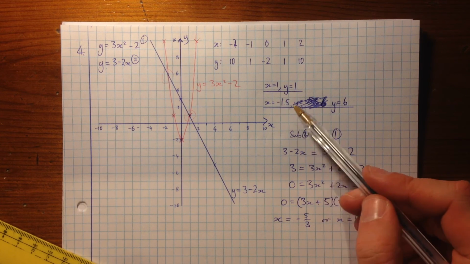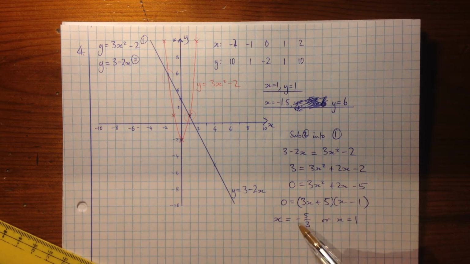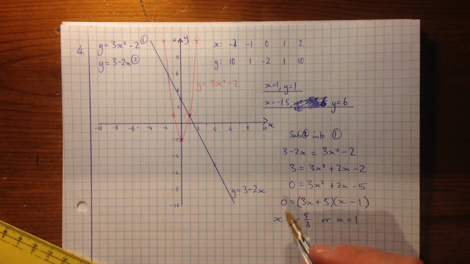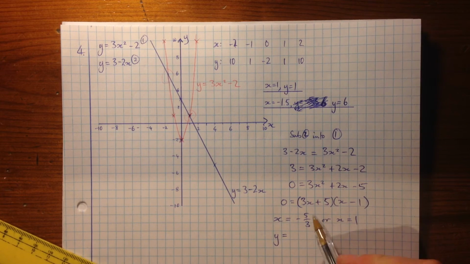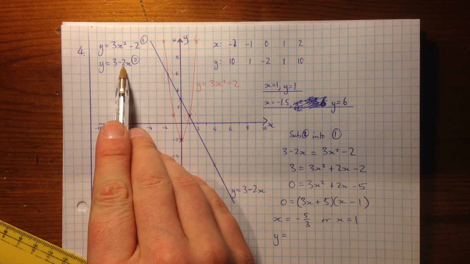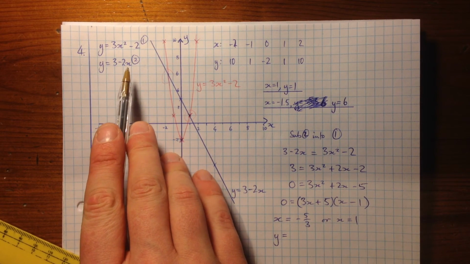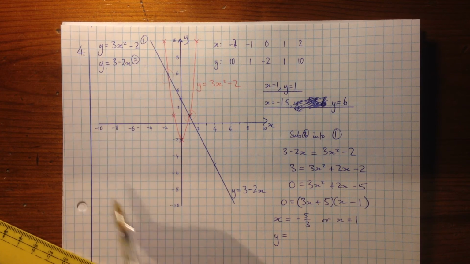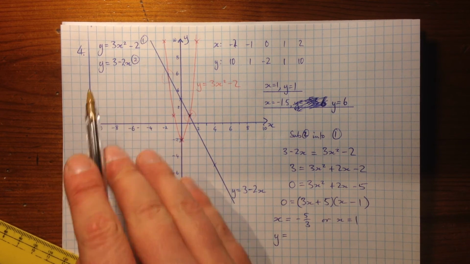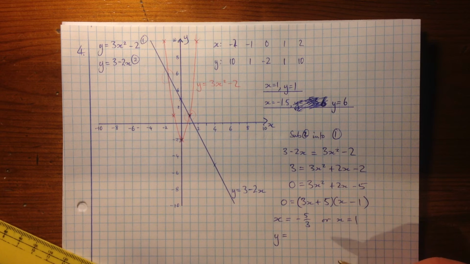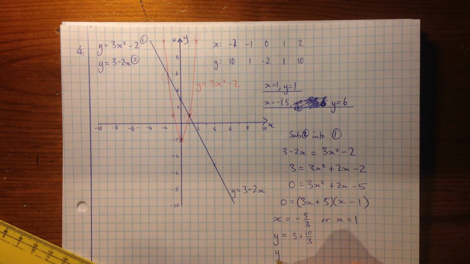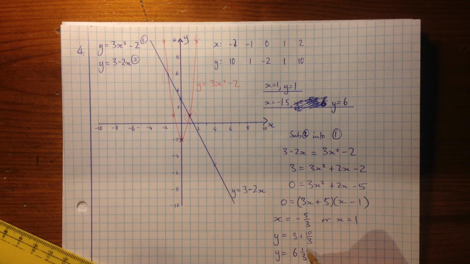So this is not accurate. When I found that x is minus 1.5, that wasn't quite right. It was actually x is minus 5 over 3, or x equals 1. When x is that, y equals 3 plus 2 lots of 5/3, that's 10/3, so 3 plus 10/3. 10/3 is the same as 3 1/3, so y equals 6 1/3 overall.